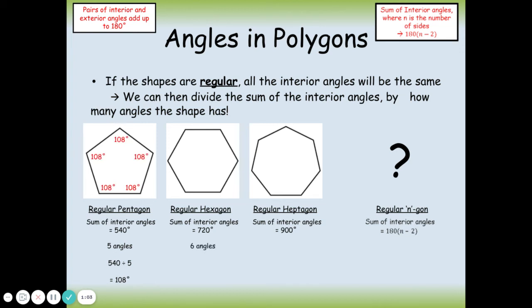A regular hexagon has 6 angles, so 720, the total of the triangles, divided by 6 gives 120 for each angle. A regular heptagon has 7 angles, so 900 degrees divided by 7 gives 128.6 degrees for each angle.